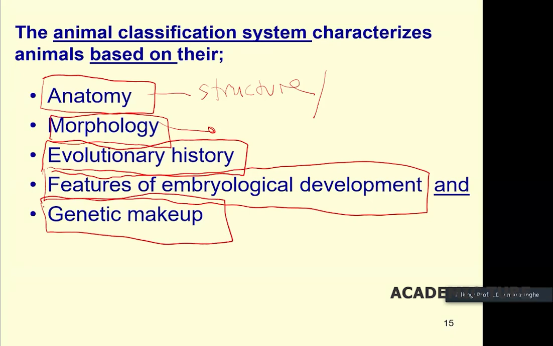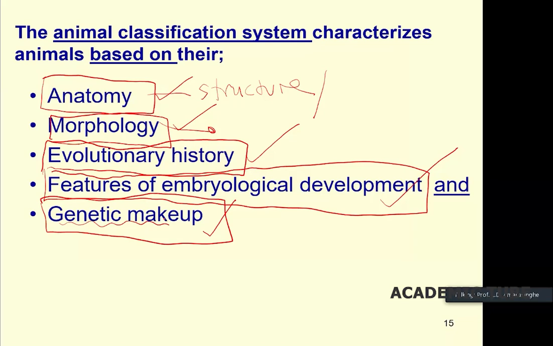So actually, the animal classification system is characterized by different features: anatomy, morphology, evolutionary history, embryonic development, and genetic variation. Those are the features we consider nowadays to classify animals in the animal kingdom.